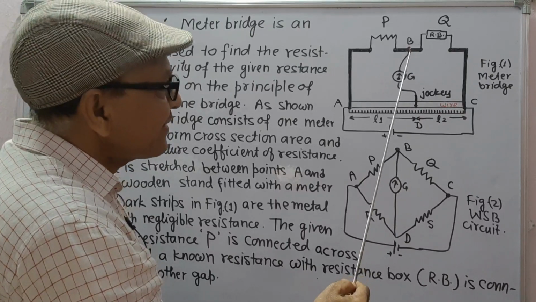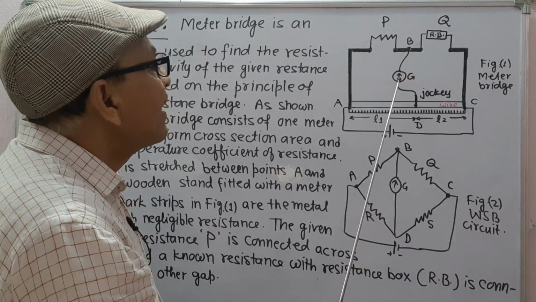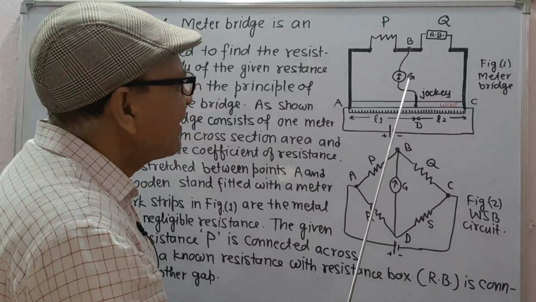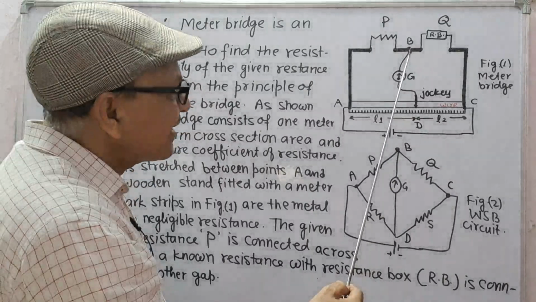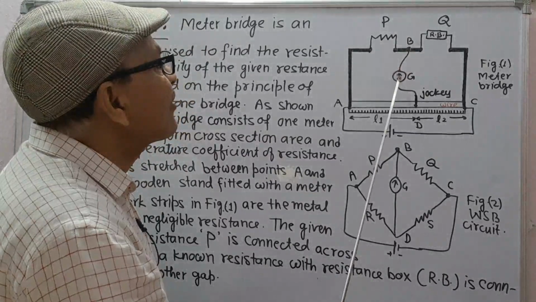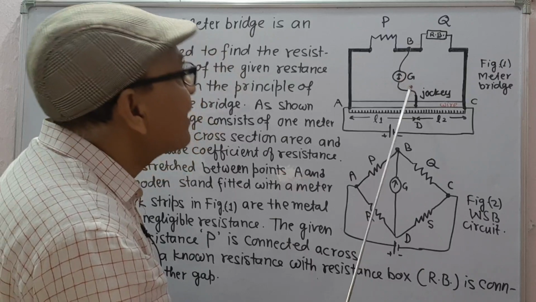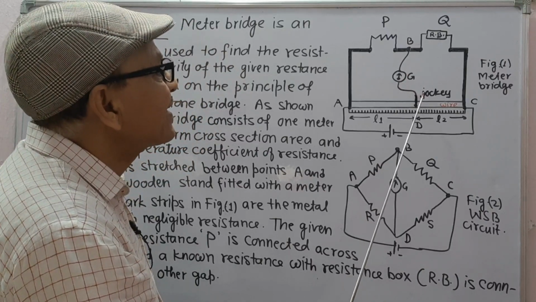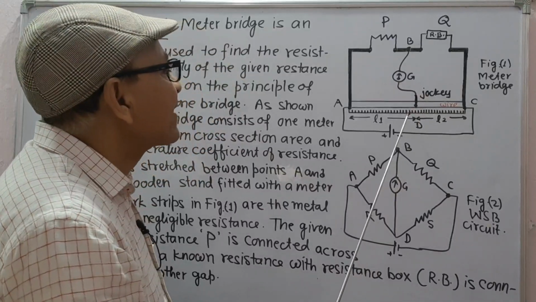A galvanometer is connected between points B and D. One end of galvanometer G is connected at point B, and the other end of galvanometer is connected to the jockey, which is a slider key.